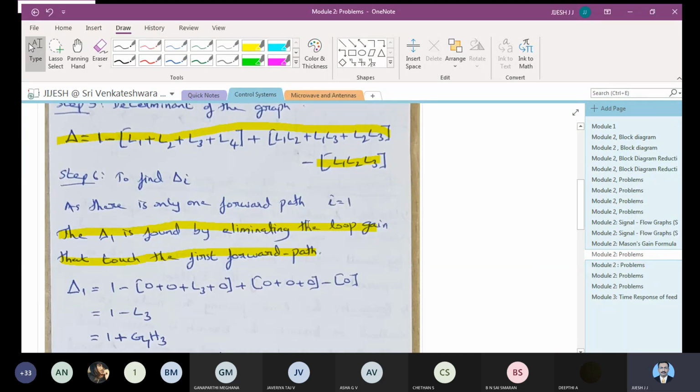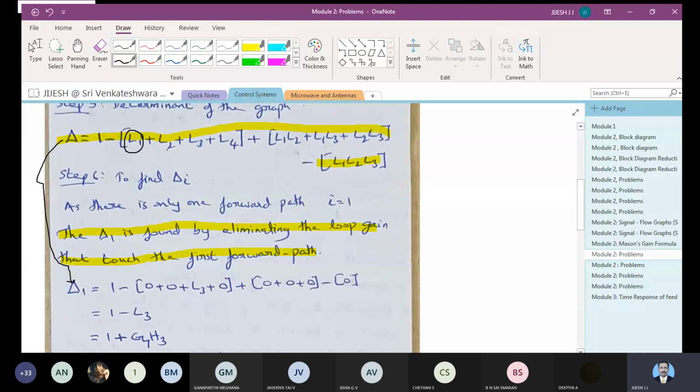Use this equation and simplify. So for delta 1, 1 minus this loop, which is touching the forward path, becomes 0. This loop touching the forward path becomes 0. This loop not touching the forward path, retain the same.